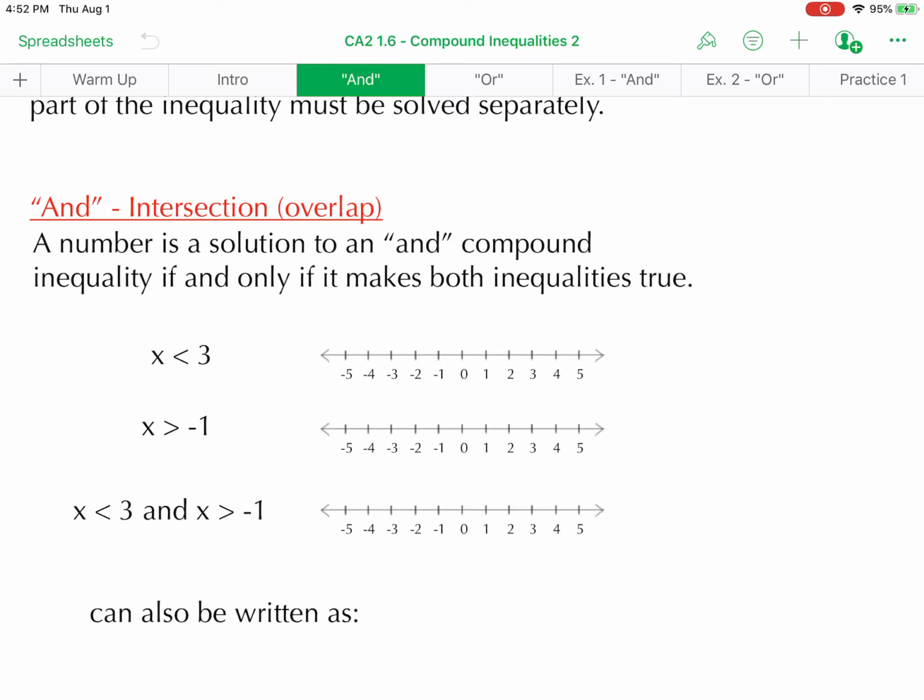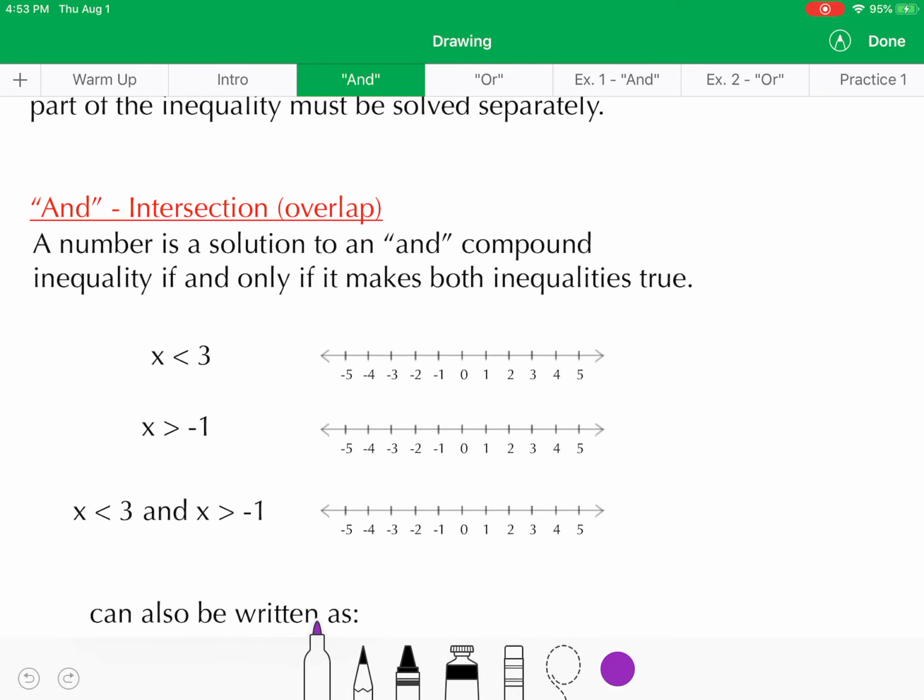All right, so notice the example, x is less than 3 and x is greater than -1. I would like to represent the solution set for that graphically. That means I need to find all numbers that make both x less than 3 as well as x greater than -1 true. Consider them separately. X is less than 3 graphs to look like this.